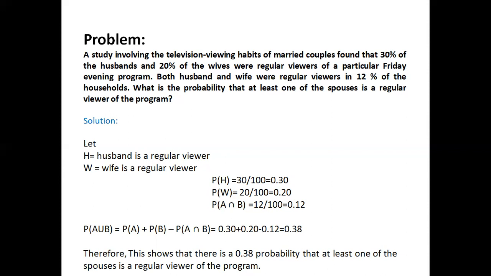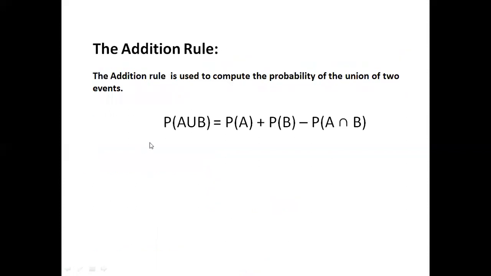Now this problem can be solved by the addition rule that I mentioned in my previous slide: the probability of the union of A and B. What does the probability of A union B mean?